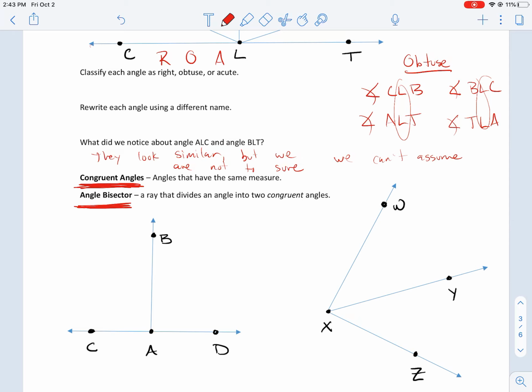So, that being said, let me put some givens here for these first few problems. Given, this is what I'm giving to you guys: the angle CAD is a straight angle, and ray AB bisects angle CAD.